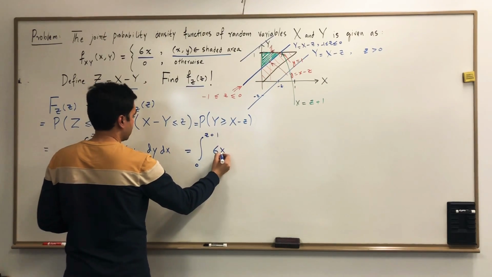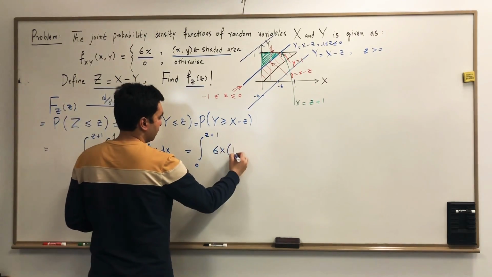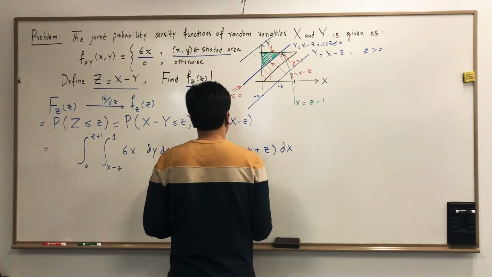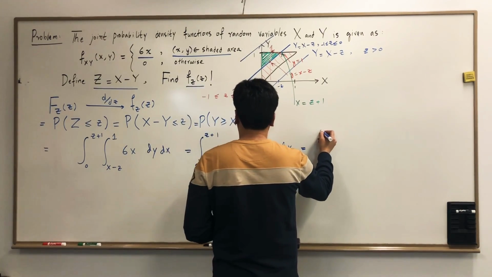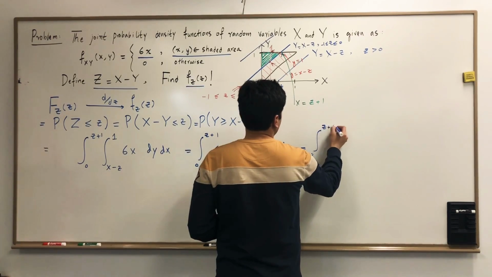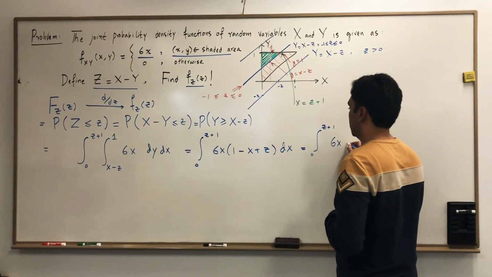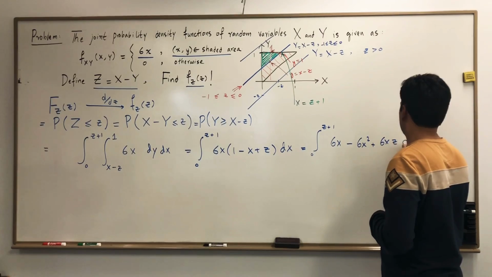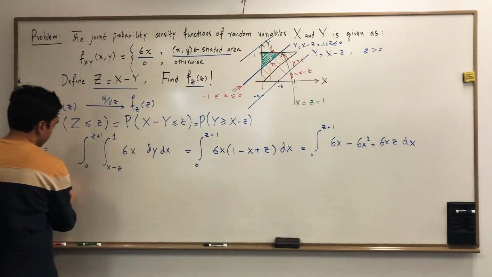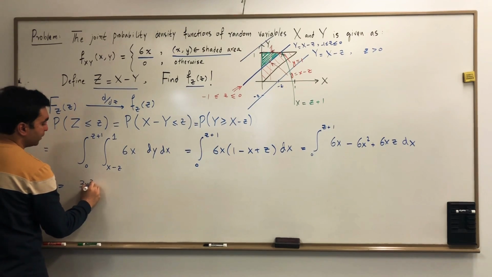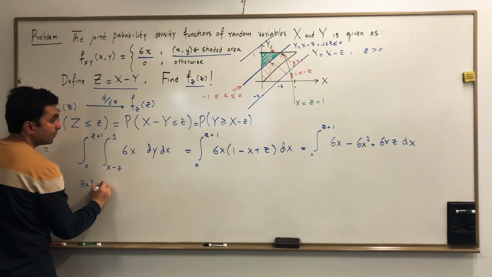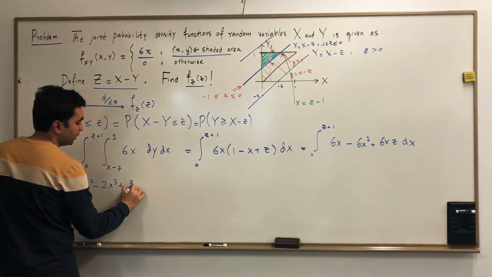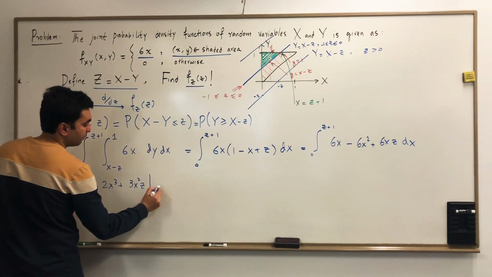So it will be just 6x times 1 minus x plus z, and then dx, which turns out to be the integral from 0 to z plus 1 of 6x minus 6x squared plus 6xz dx, which will be 3x squared minus 2x cubed plus 3x squared z, and the limits are from 0 to z plus 1.